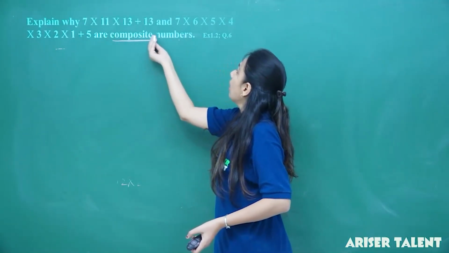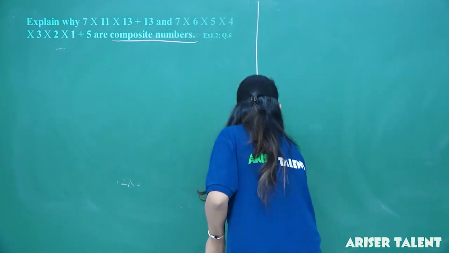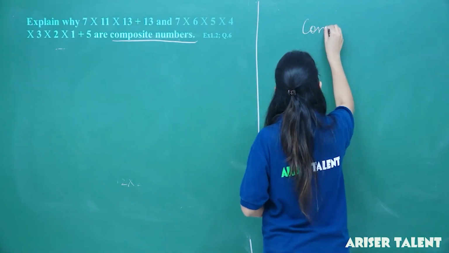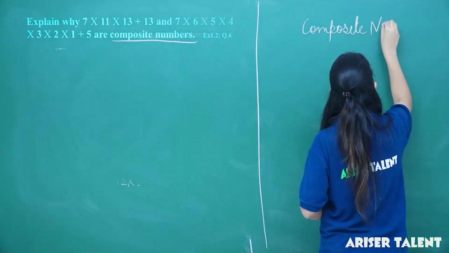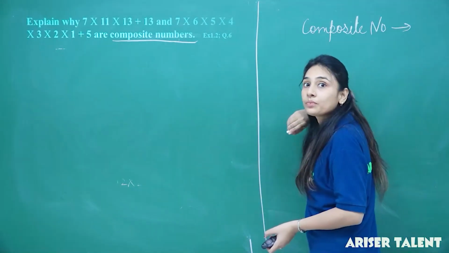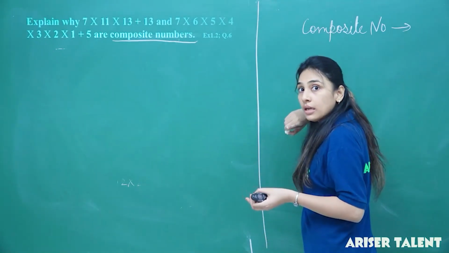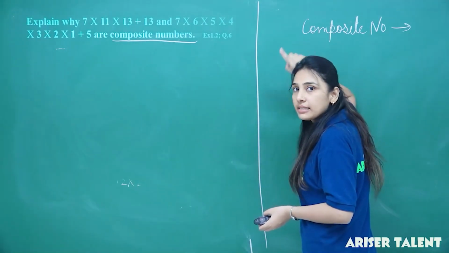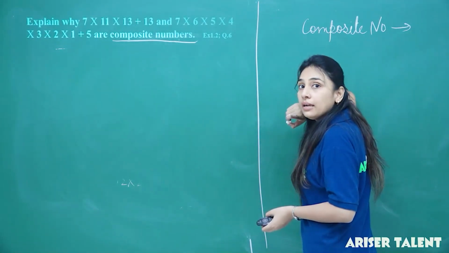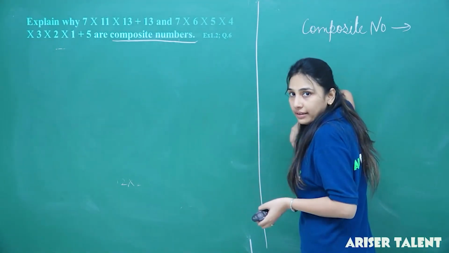What are composite numbers? I have told you, composite numbers are the numbers that have more than 2 factors, that is, more than the factors 1 and itself. These are composed of prime factors.